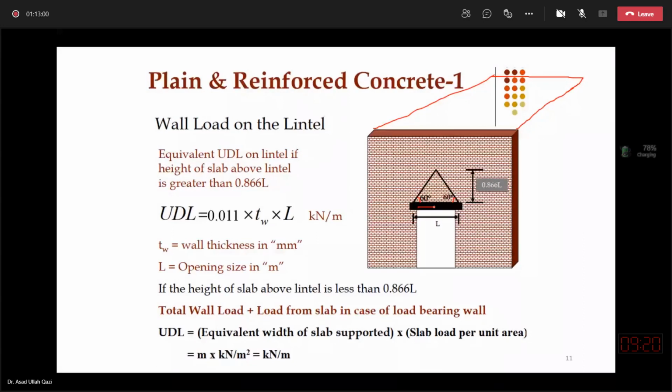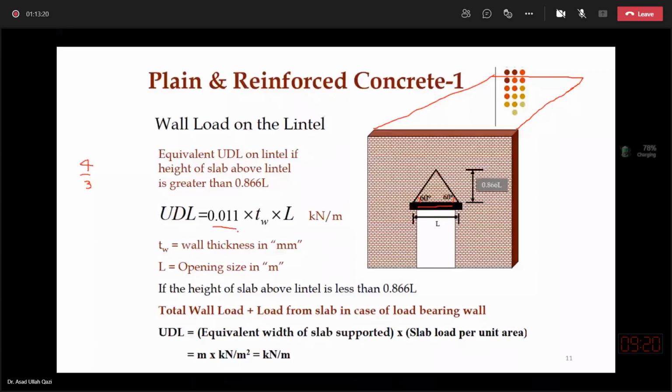To convert this triangular load into an equivalent UDL, a factor of 4/3 is used, which is adjusted in this calculation.